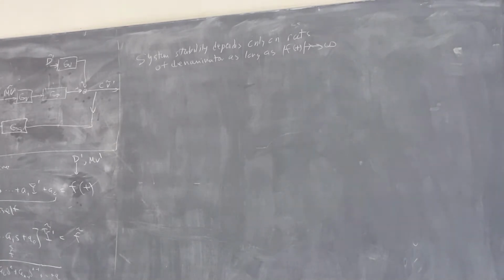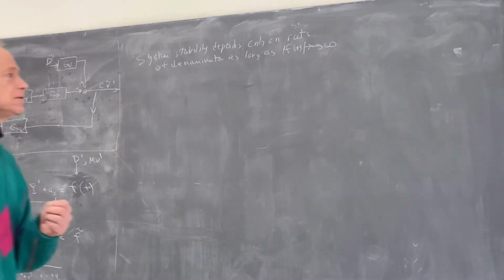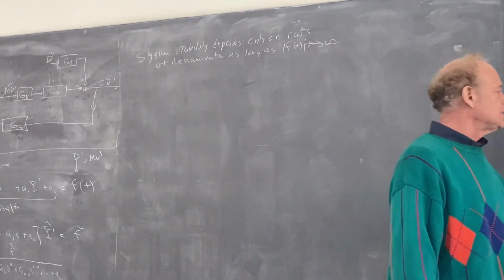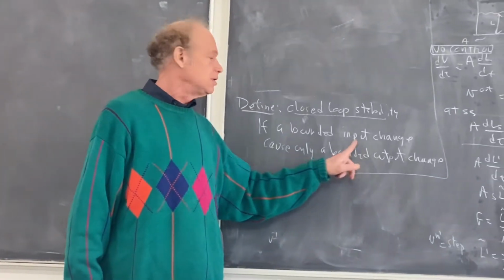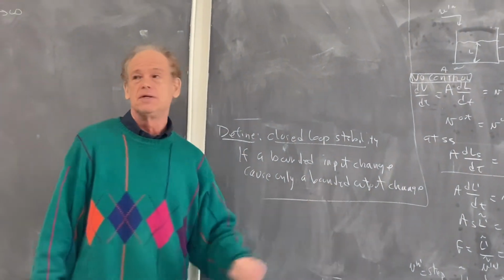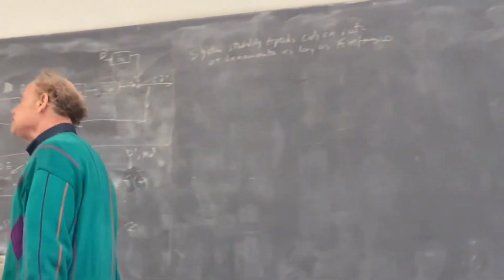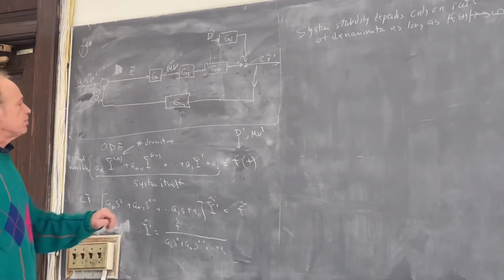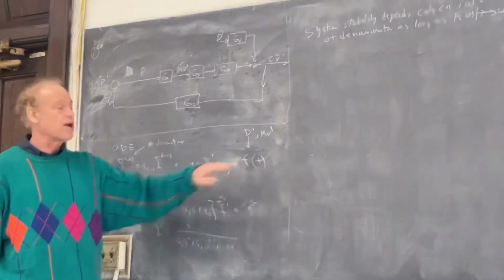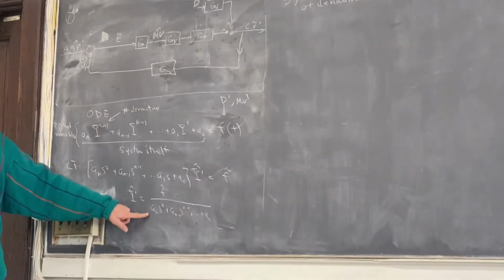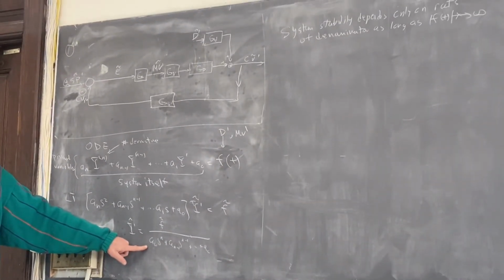So remember, we defined what closed loop stability is: if we have a bounded input, then we get a bounded output. So what this is telling me is, if I have a bounded input, T prime and V prime, the system will be stable if and only if the roots of the denominator have negative real parts.